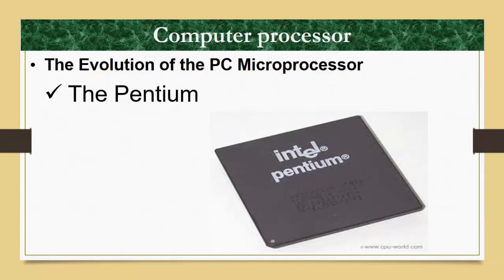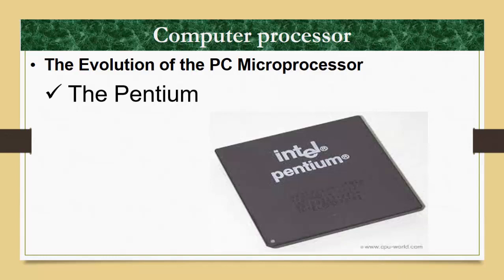It was known in its early development as the 80586. By 1992, Intel had discovered that model numbers could not be copied. So instead of a number, they used a trademark name, Pentium, for their next processor.